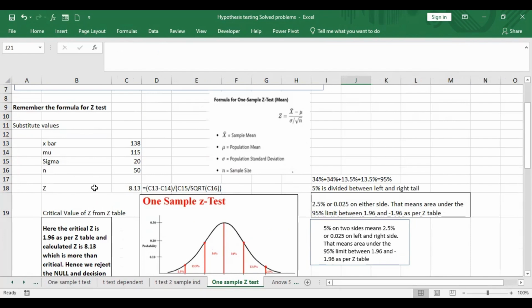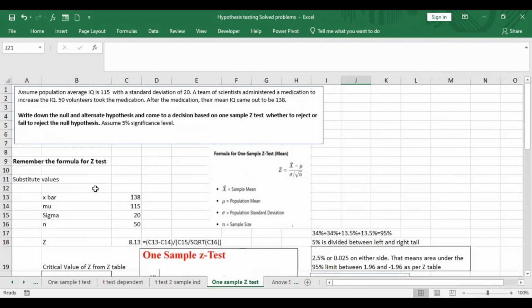Now what is the problem? The problem is: assume the population average IQ is 115, with a standard deviation of 20. That means I have the average of the population, that is mu 115, and sigma, the population standard deviation, which is 20.